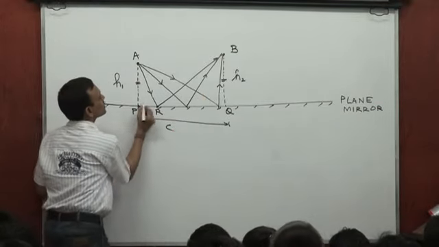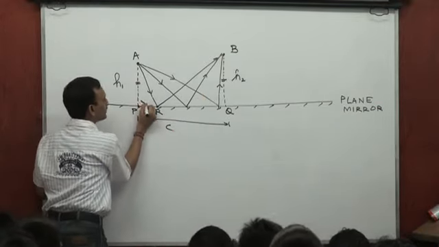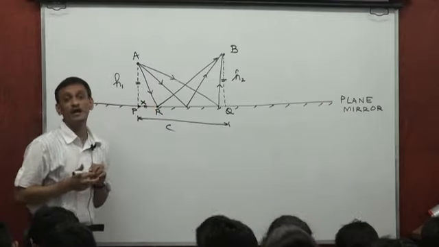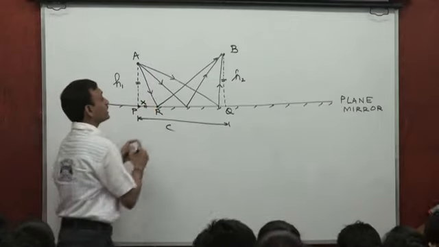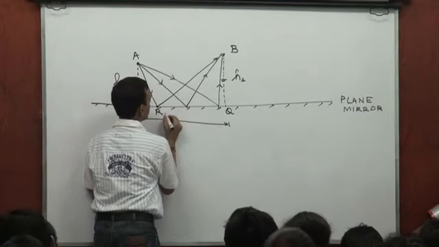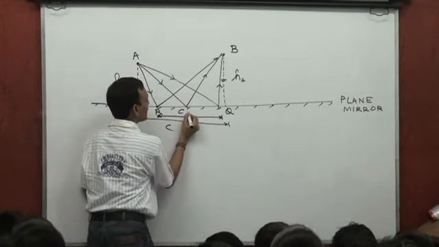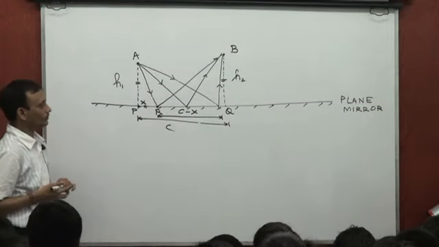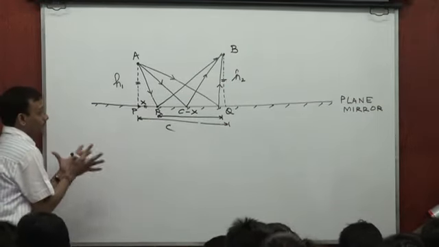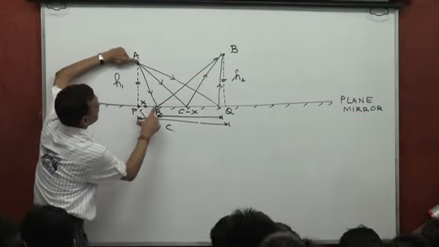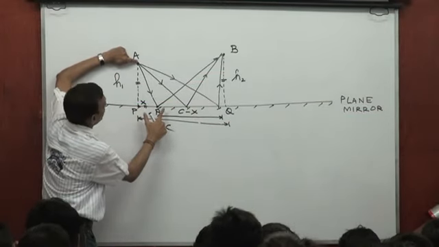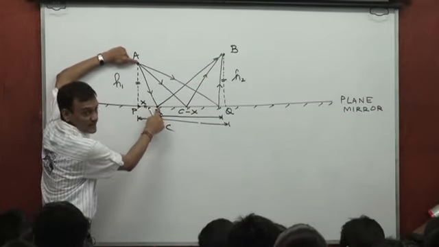Right? So, if I select PR to be X, then what's RQ going to be? C minus X. RQ then is going to be C minus X. So then, the length AR would depend on X. The length AR would be root H1 squared plus X squared.